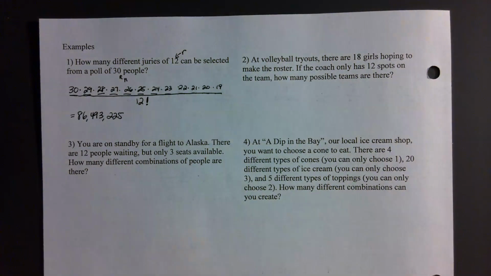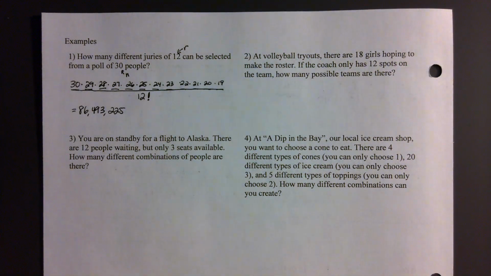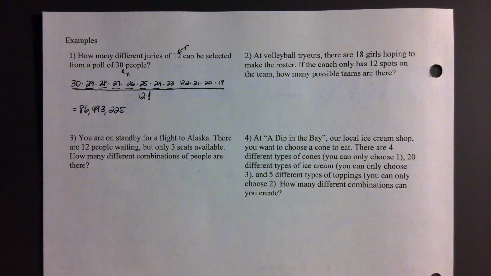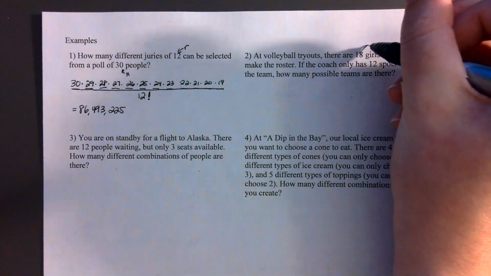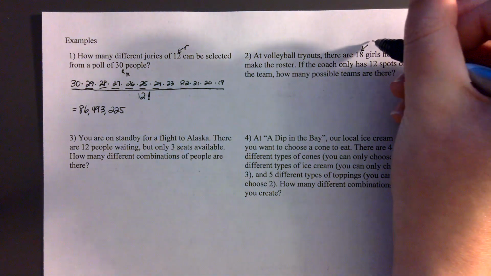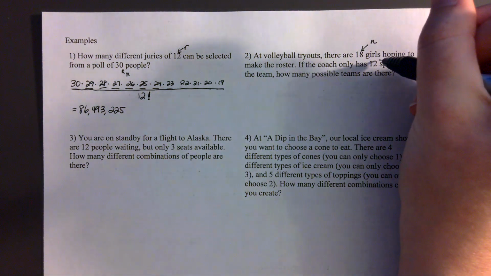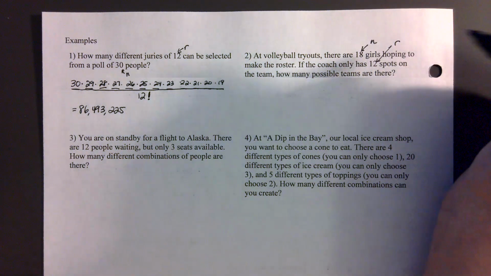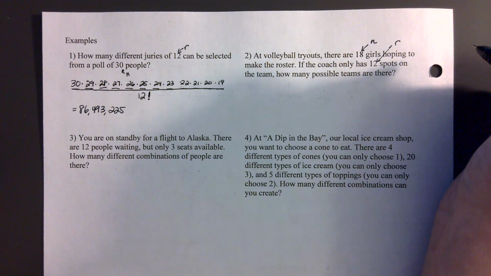All right, at volleyball tryouts, there are 18 girls hoping to make the roster. If the coach only has 12 spots on the team, how many possible teams are there? Once again, 18 girls is the number we're looking at, and our 12 spots is our R value, the number of positions on the team.